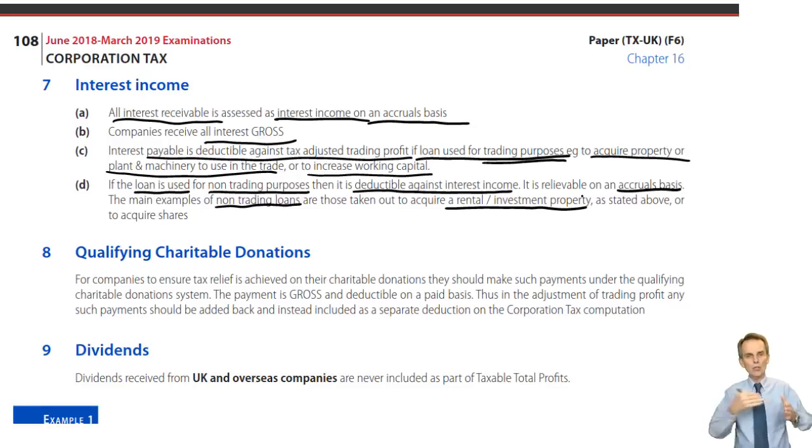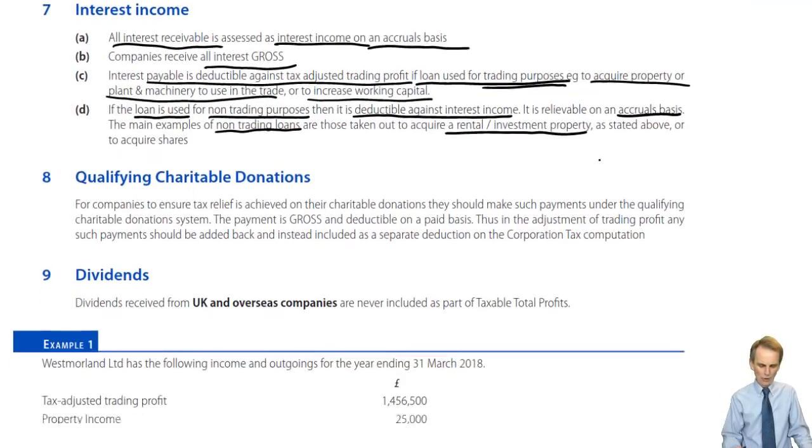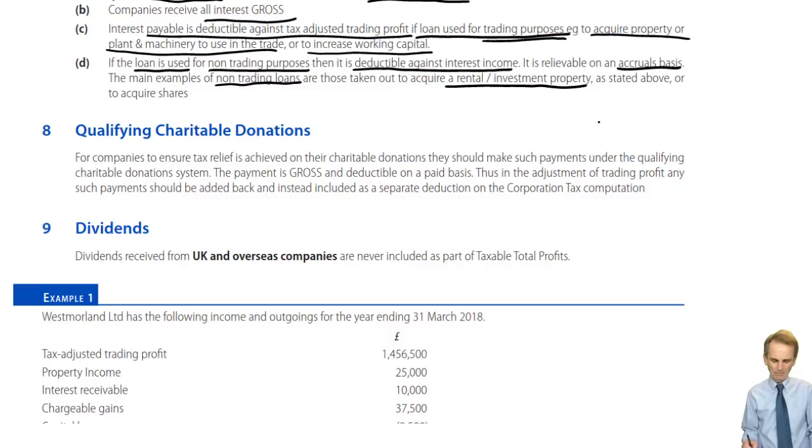It's become a subsidiary of your group, of your parent company. How did you get the money to buy those shares in that target company? Partly anyway, maybe by borrowing. And if you borrowed to buy shares, that is a non-trading loan, and any such interest payable is a deduction against interest income.